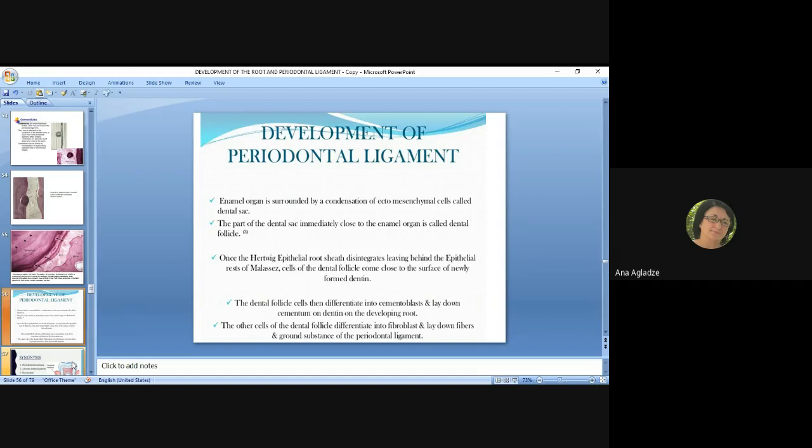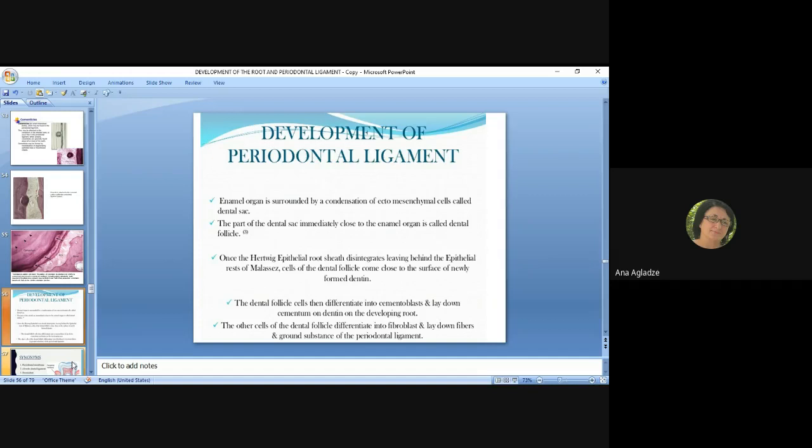You know that the tooth germ consists of three structures: the enamel organ, which gives rise to enamel, then the dental papilla, which gives rise to pulp, and also the dental follicle or dental sac, which gives rise to the periodontal ligament, to cementum, and to alveolar bone.